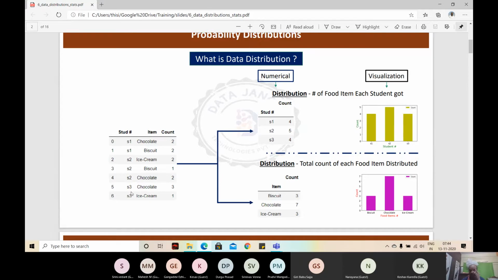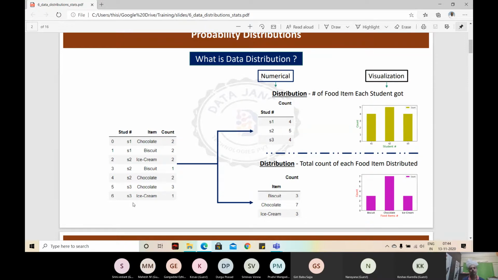Student 3 got 3 chocolates and 1 more chocolate. That means he distributed different items among different students: student 1, student 2, student 3.